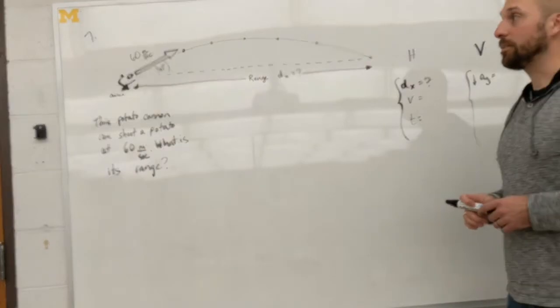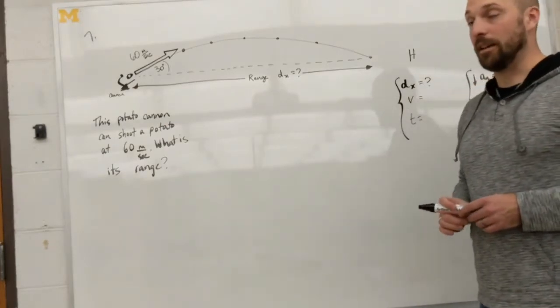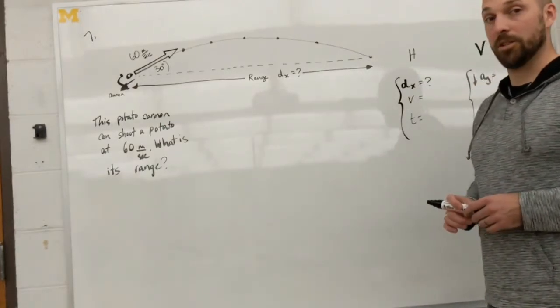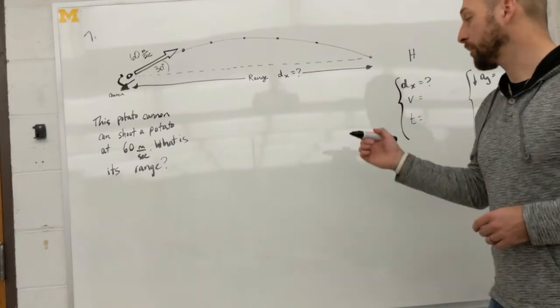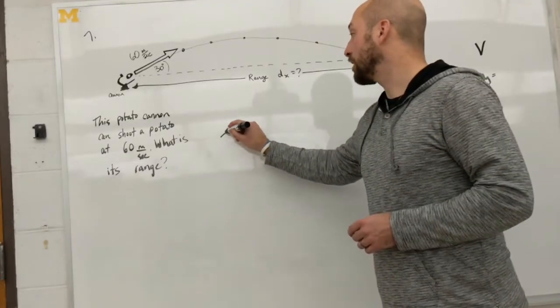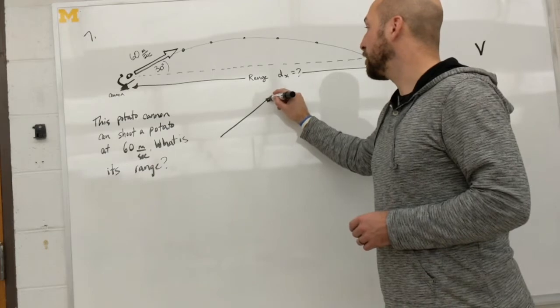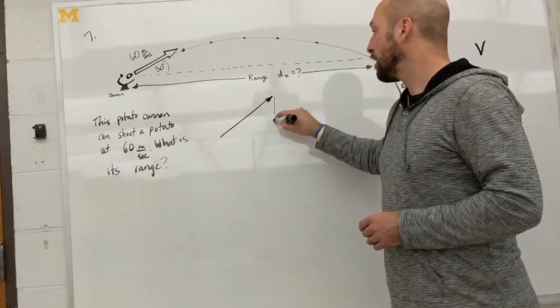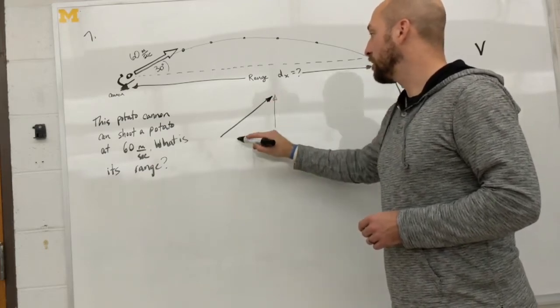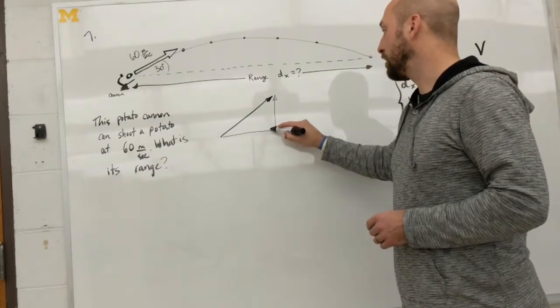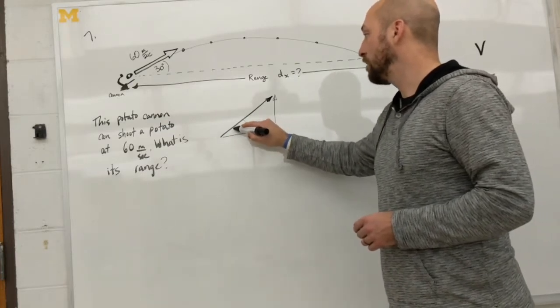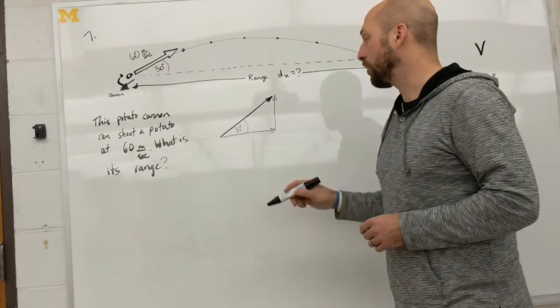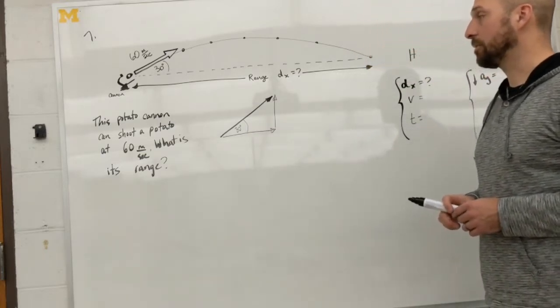The problem here is that it's not launched horizontally and it's not launched vertically. It's launched at a combination of those two. So we have to draw a triangle and find the components of its motion at the beginning of time in the problem that are in both a horizontal and a vertical direction.